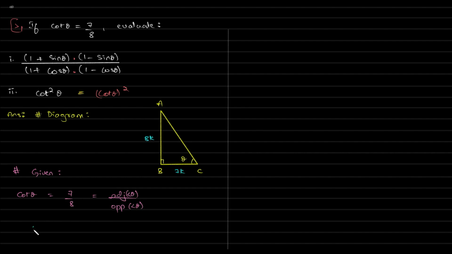Okay, let's move on. Adjacent is BC by AB being equal to 7 by 8. I'm just showing the steps. We know that this is 7k, 8k, therefore BC is equal to 7k and AB is equal to 8k, where k is a common factor. Once this is out of the way, we just have to use Pythagoras theorem to calculate AC.